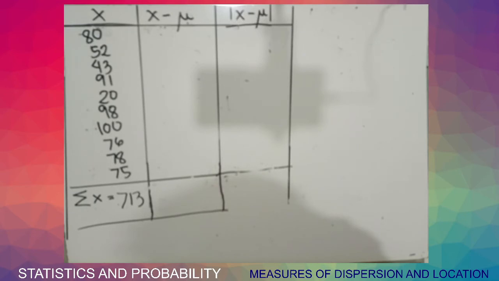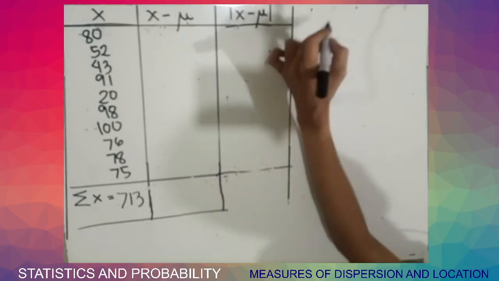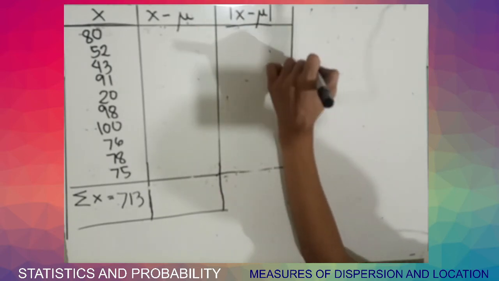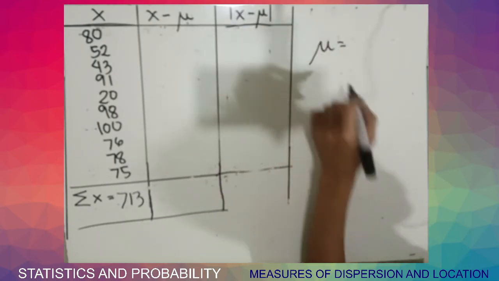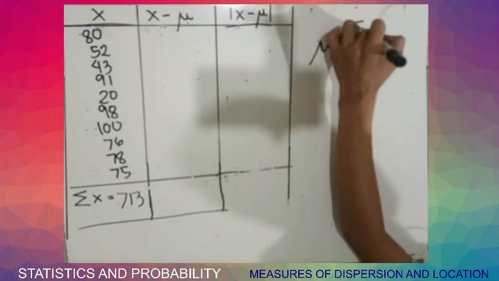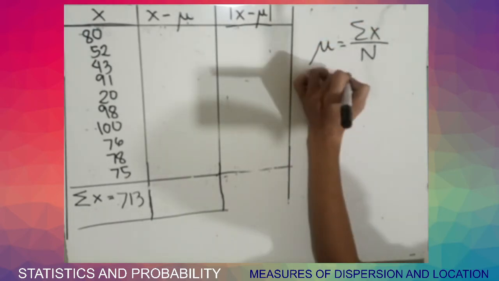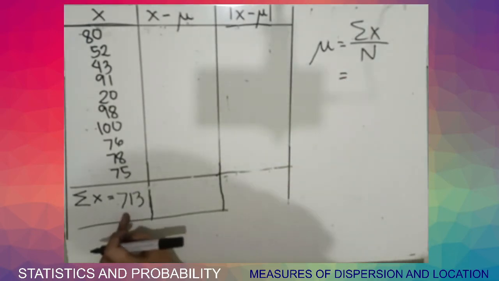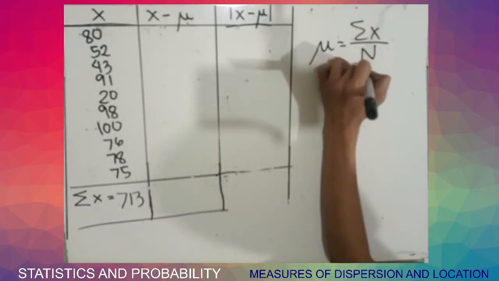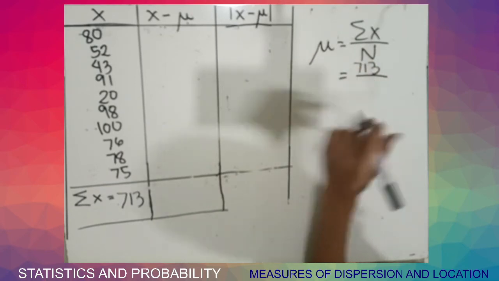Okay. So, next. Kukunin naman natin yung kanyang mean. Gagamit tayo ng formula for getting the mean. So, mu is equals to summation of x over uppercase N. Then yung value ng ating summation of x, which is 713. Then yung N natin yung bilang nito.